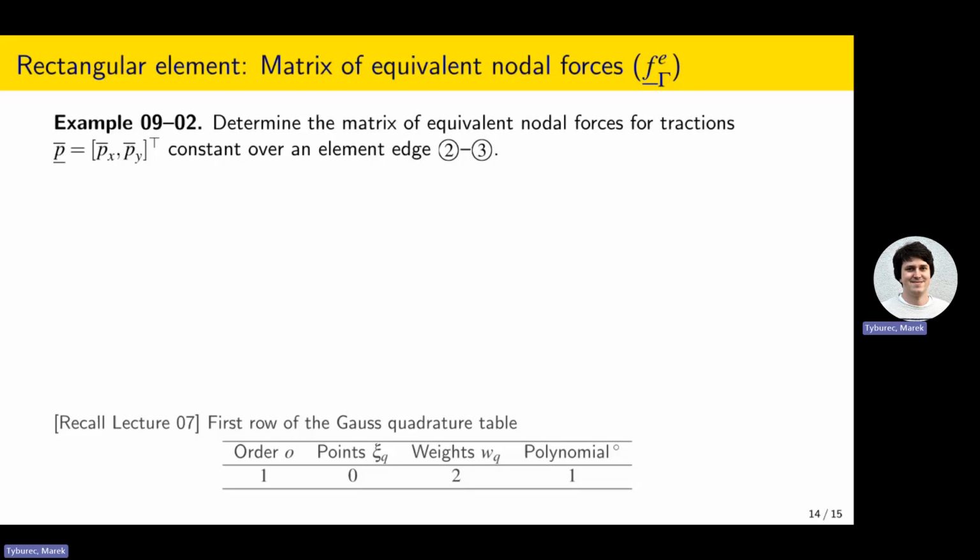Yeah, so we have a sum, or we do have to write a sum. We have VQ, WQ, and then this shape function matrix N^e is evaluated at 1, 0.